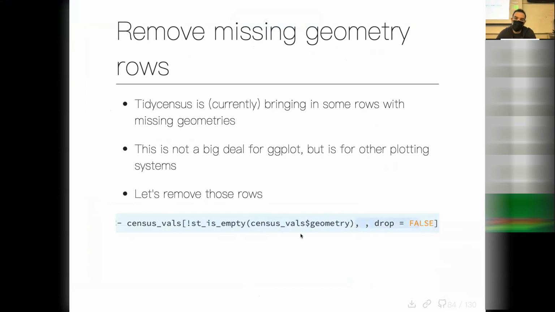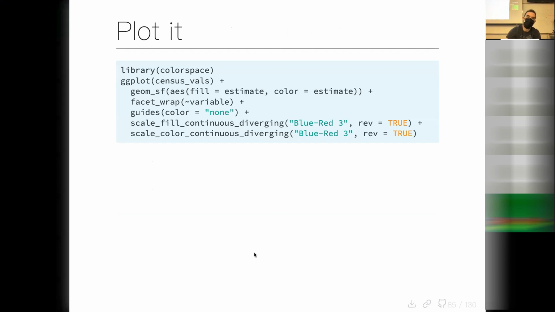The reason is you're saying give me these rows for all columns, and then this is an additional argument, drop equals false. That's kind of complicated and weird, and it's not usually the case, but if you want, you can just copy that code right out of the slides. And then from there, it should hopefully work.